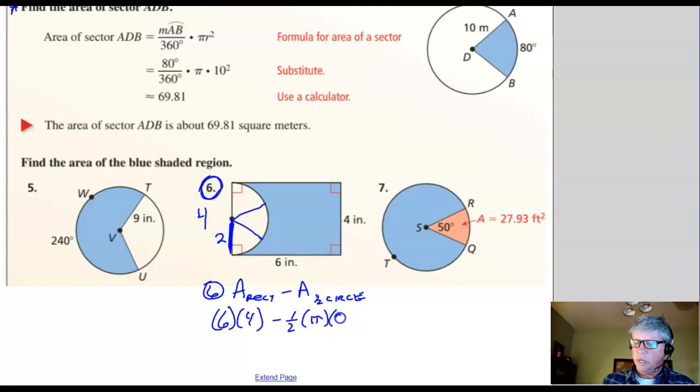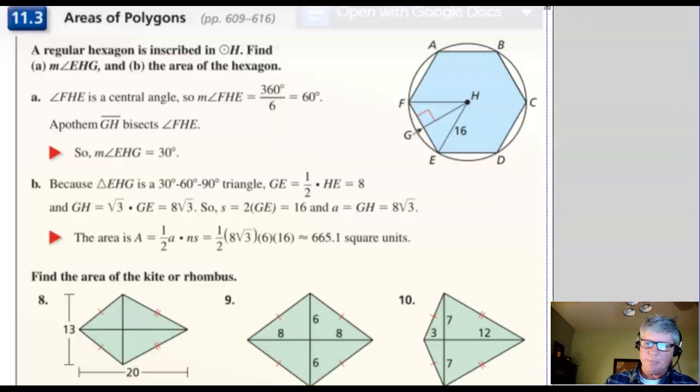So we'll put 2 squared, because the area of a circle is pi r squared. Half of that will certainly work. I get 17.7. Yay for us. All right. Yeah, I think we're good.